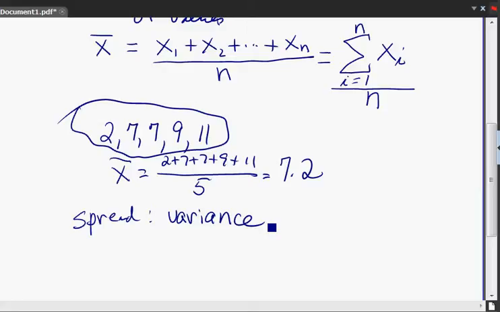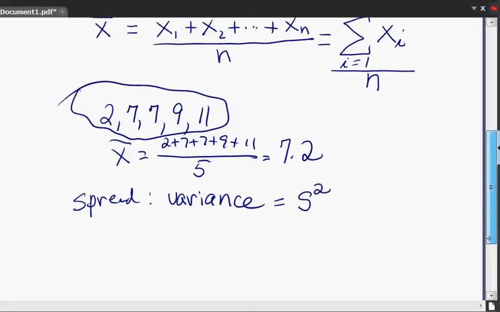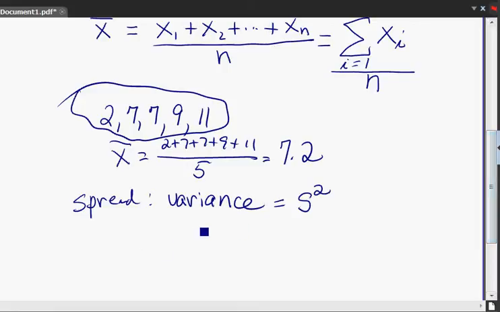And it's abbreviated as s squared for a sample data set. And the formula for the variance is going to be to take each one of those numbers, subtract off the mean, and square it. And we're going to sum again all these numbers.